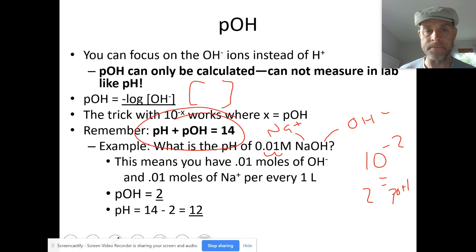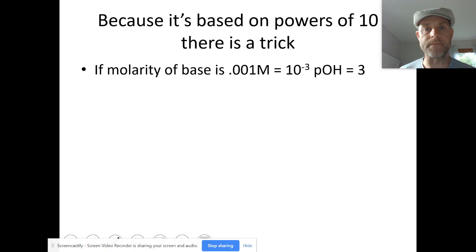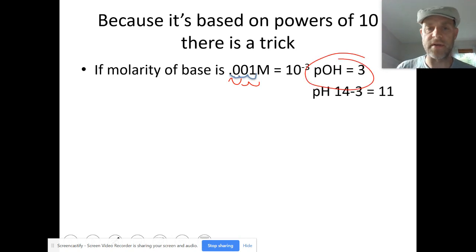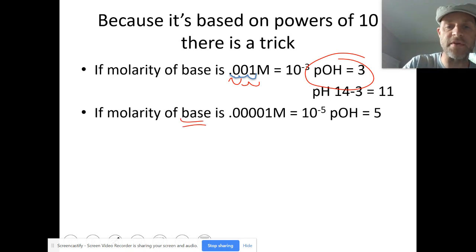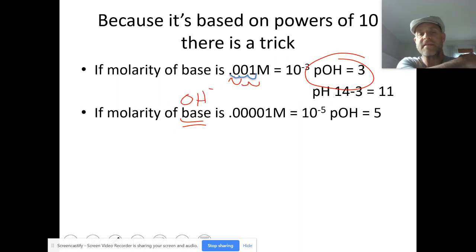It's the same trick as before. If I give you the molarity and it's 10 to the negative 3, then the pOH is 3, and to find the pH I can just subtract it from 14. Same deal: what if the molarity of a base, which means it has OHs, not H pluses, is 0.00001?